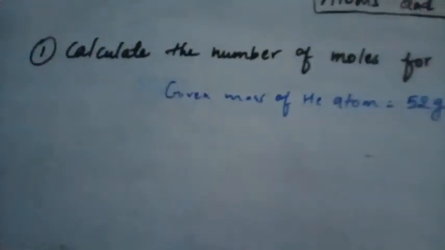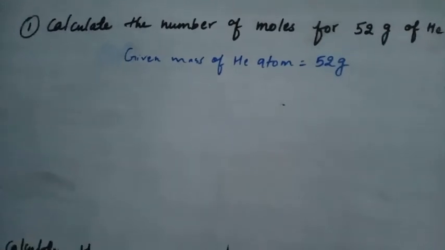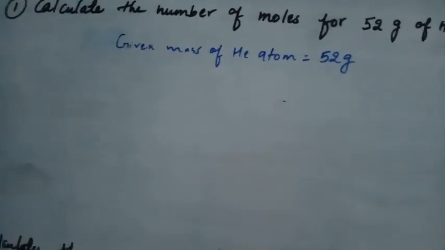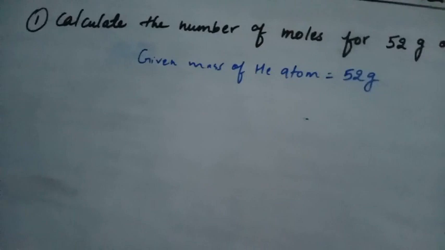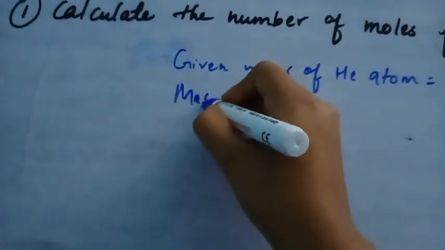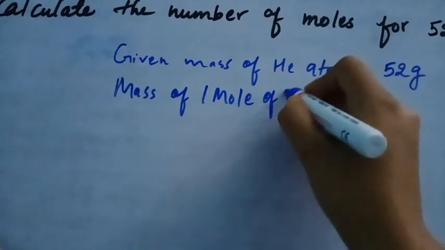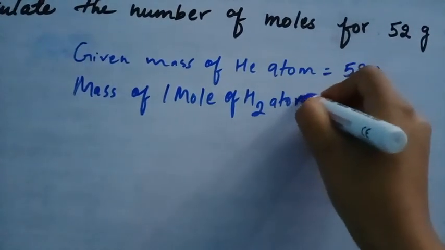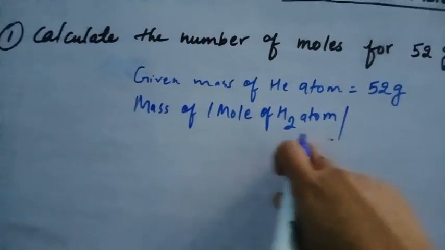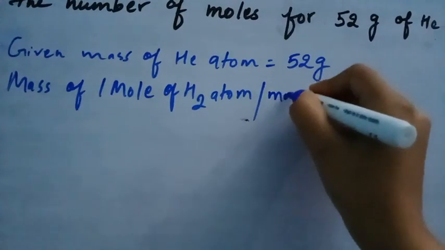Every time you should calculate the mass of 1 mole of helium atom or any atom. The mass of 1 mole of helium atom can be called the molar mass.